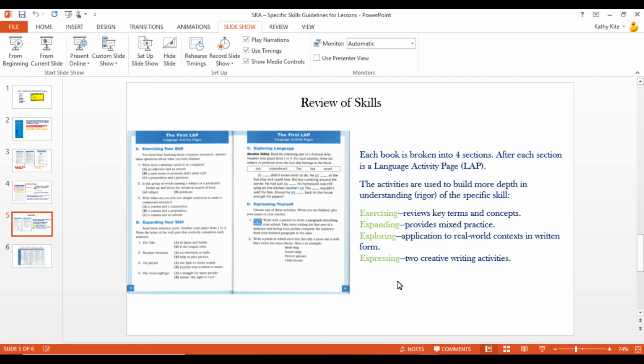D, expressing yourself. So expressing, this is our creative component to this. They're always going to give you an activity that is a group work or partner work kind of thing. A lot of these are manageable and could be manageable at home. And I really like this one, and this could be a fun activity. Now, there's nothing here saying this isn't homework. You don't have to do this in pencil.